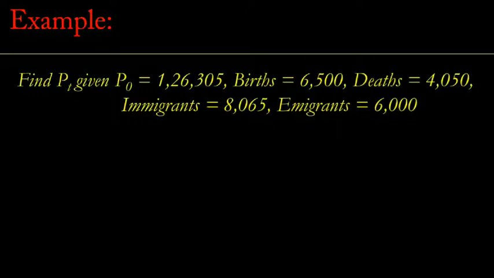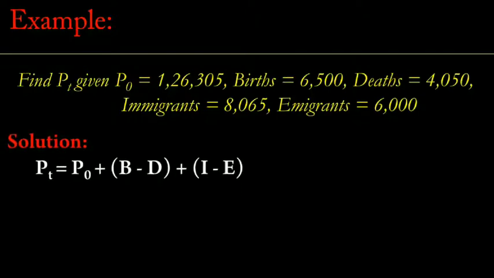In the second example, your question is to find Pt, given P naught equal to 1,26,305, births equal to 6,500, deaths equal to 4,050, immigrants equal to 8,065, and emigrants equal to 6,000. Write down. Now, solution.